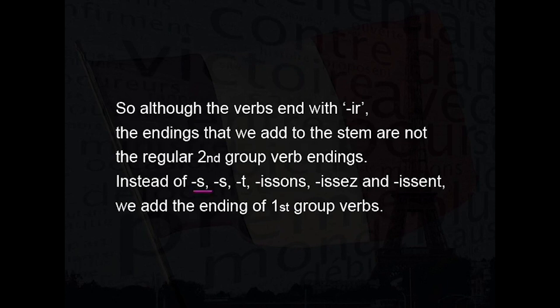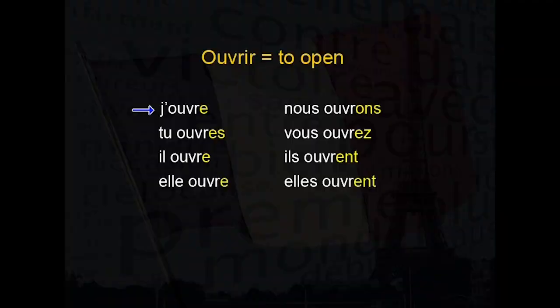Instead of S, S, T, ISS, ONS, ISS, EZ, ISSENT, we add the ending of first group verbs. Here's the complete conjugation. J'ouvre, tu ouvres, il ouvre, elle ouvre, nous ouvrons, vous ouvrez, ils ouvrent, elles ouvrent.